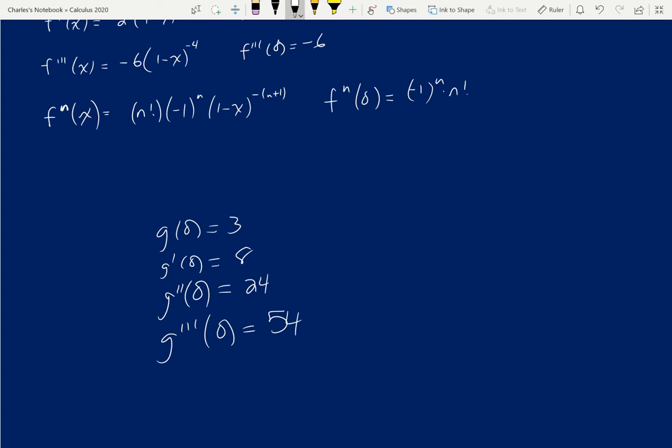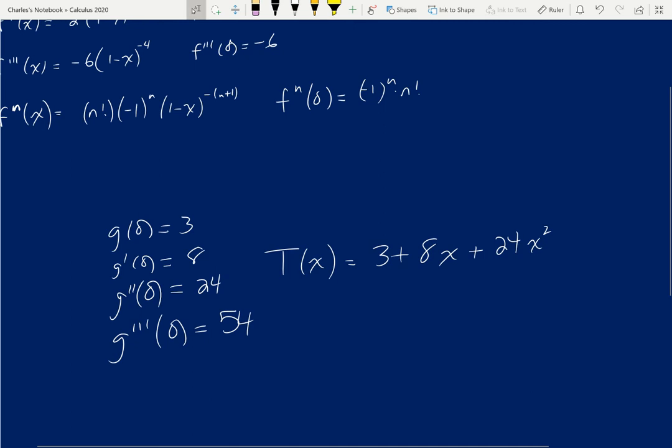What's my approximation going to be? I'll call this Taylor T of x. It's going to be 3 plus 8x plus 24x squared plus 54x cubed.